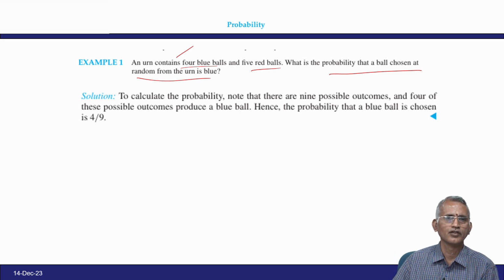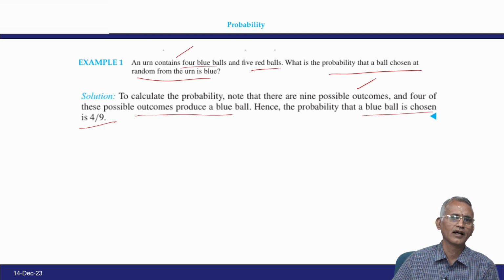That is most important. To calculate the probability, note that there are 9 possible outcomes and 4 of these possible outcomes produce a blue ball. Hence, the probability that a blue ball is chosen is 4 by 9. So, this way we can calculate the probability that a ball chosen at random from the urn is blue.